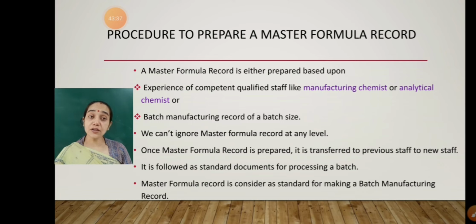So it is also termed the standard document for processing other batches which are going to be prepared. A master formula record is considered a standard for making a batch manufacturing record.